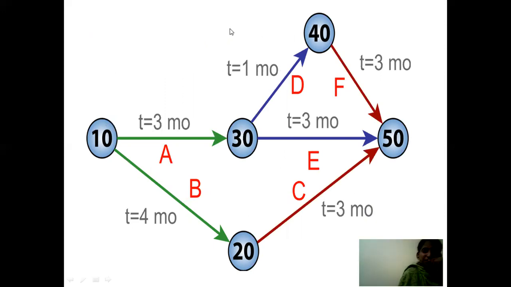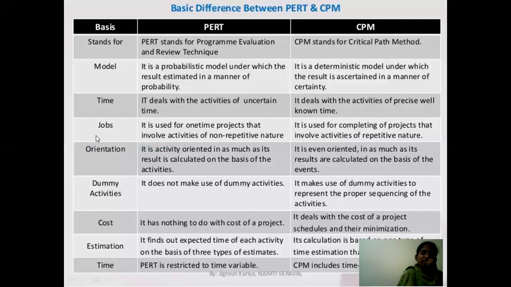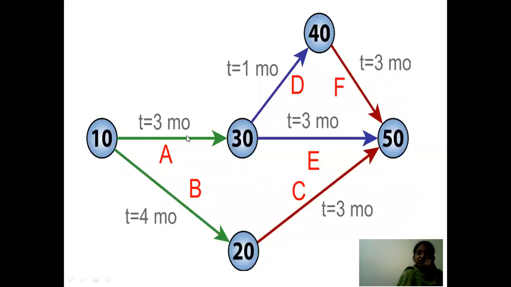Sequence means among all these nodes, the 10th node, the 10th task, is the first one. First it is going to start. After completion of this task, we have the 30th as well as the 20th activities. Only after completion of this, these two have to start.